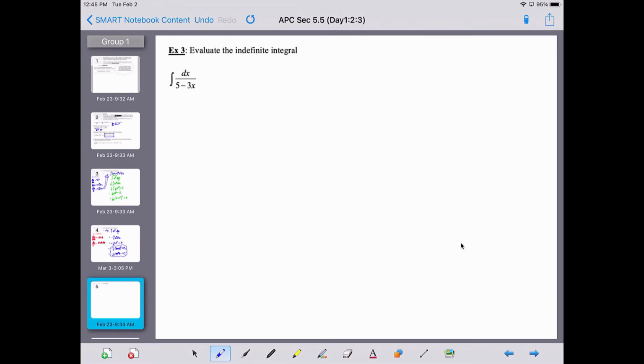Example 3, we want to evaluate the indefinite integral, and this time they are not telling us what to let u equal. Well, it might be easier if we think of this as the integral of 1 over 5 minus 3x times dx. Okay, so now you just have to start somewhere and go with it.